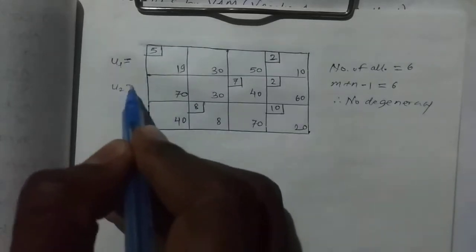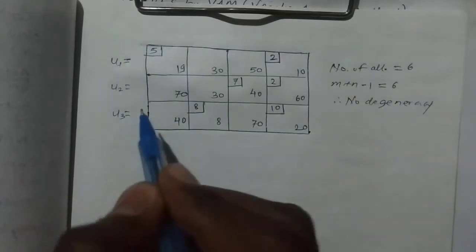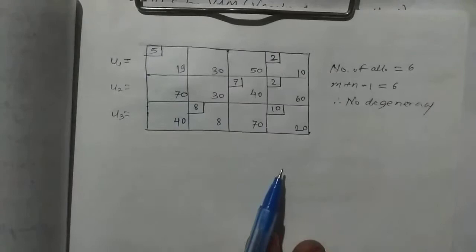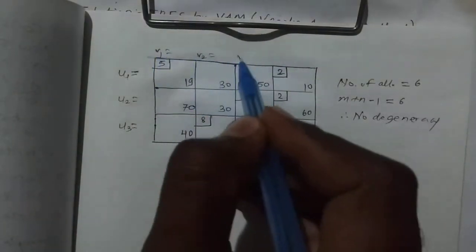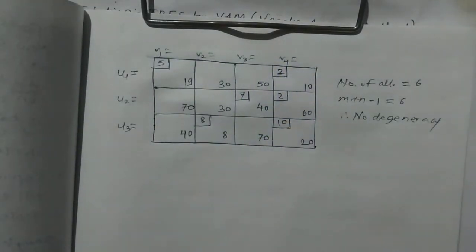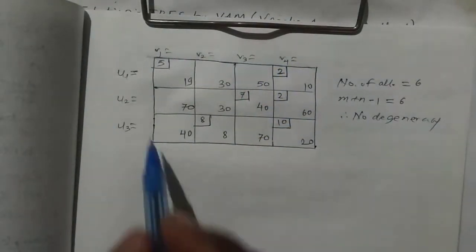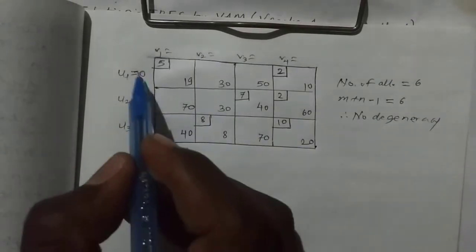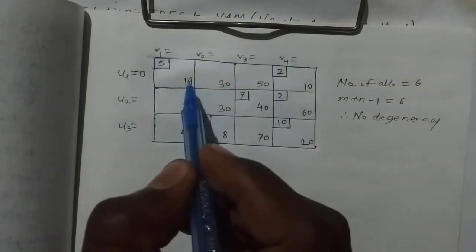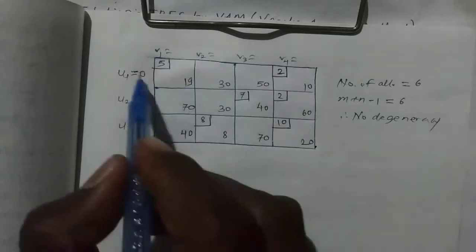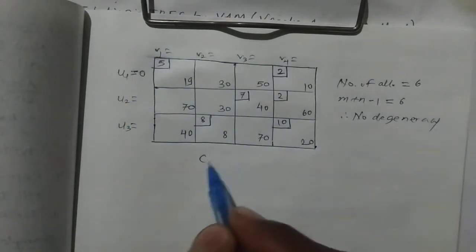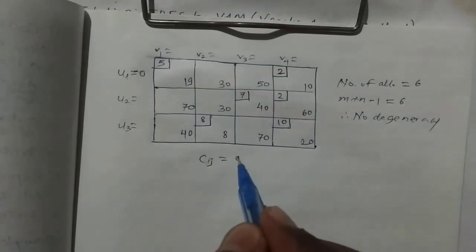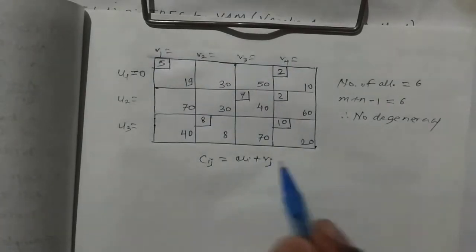Now let us calculate u1, u2 and u3 values along the rows, and v1, v2, v3 and v4 values along the columns. Initially let us assume u1 equal to 0. Consider allocated cost. So here we will use the relationship Cij equal to ui plus vj.